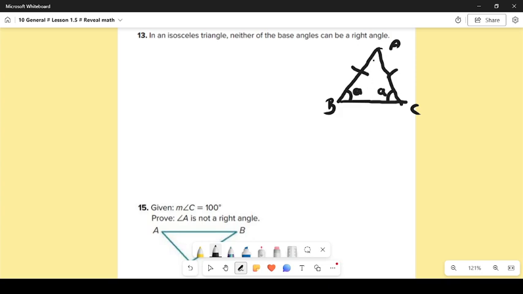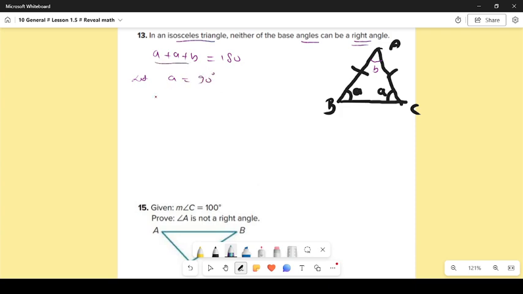Now I know the sum of all angles should be equal to 180 degrees. It means A plus A plus B should be equal to 180 degrees. It is telling that in an isosceles triangle neither of the base angles can be a right angle. So let A be equal to 90 degrees, as a contradiction.